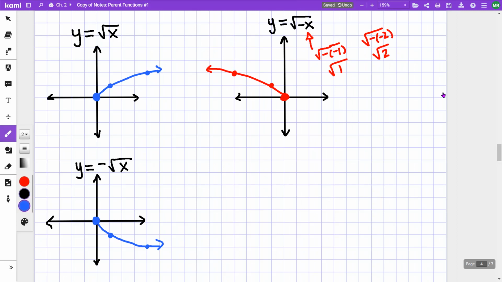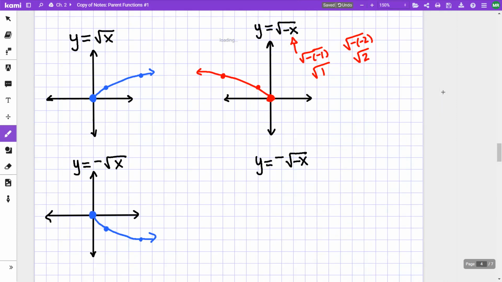Now, if I have y equal to a negative square root of negative x, the negative inside is going to make it flip to the left, but putting a negative in front of that makes it flip down and to the left. So in this case, I have 0, 0 here.